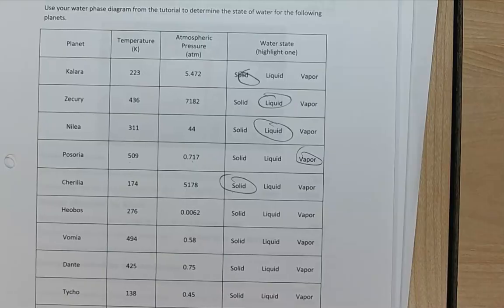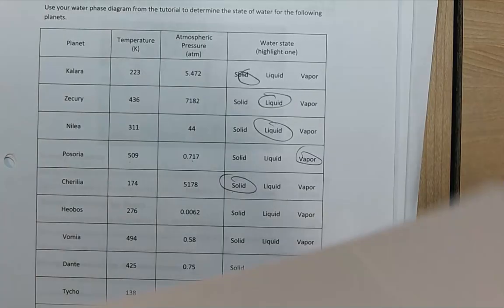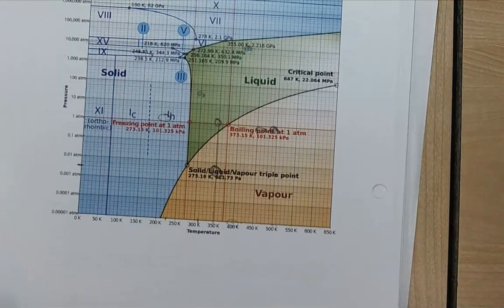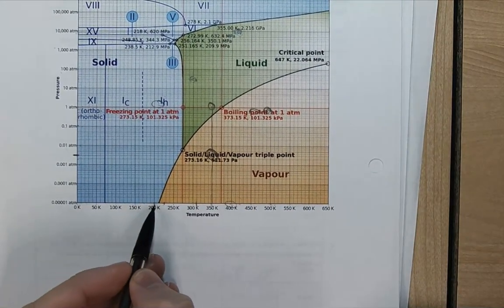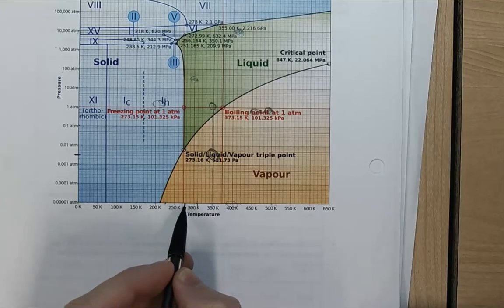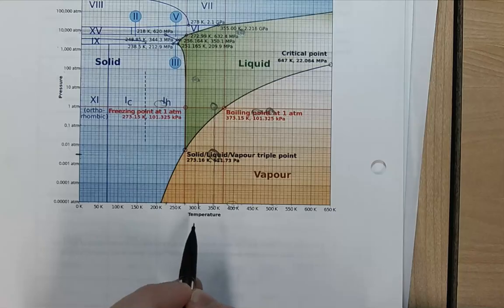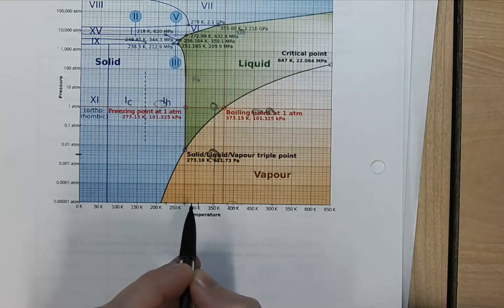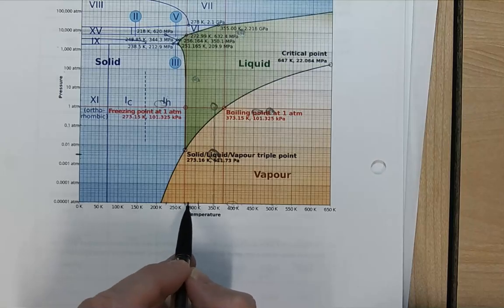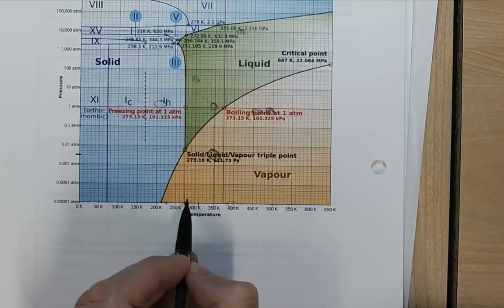270 Kelvin, 0.006 atmospheres. Okay, 276 Kelvin, right about there. Oh, 276. Okay, because this line is 273. So 276, just to the right of that, 0.006.